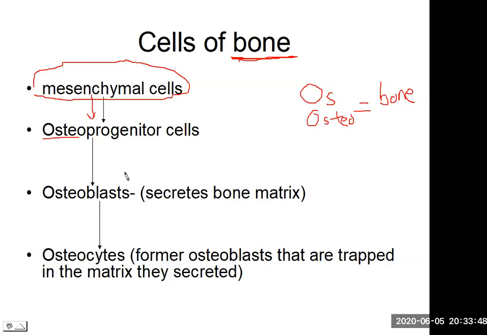So in the next step of development, osteoprogenitors differentiate into what's called an osteoblast. So this is now a bone producing cell. And the root of the term here, blast, implies that it is a young, highly active cell. So it's a young form of a cell, immature would be another name. And it's highly active.